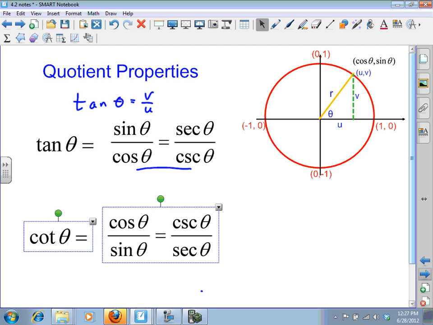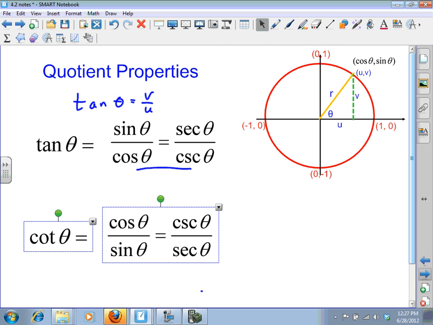So you should be associating sine with v and cosine with u by this time. So it should be easy to remember these quotient properties as v over u, sine over cosine, and the cotangent would be the reciprocal of that. So you kind of have to get all these things connected in your head.